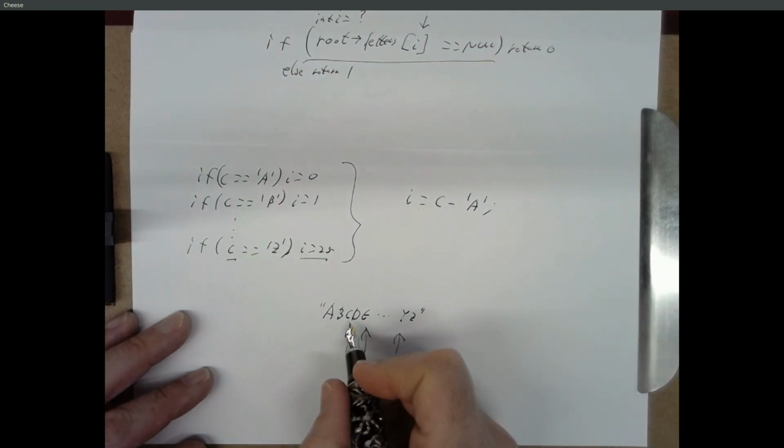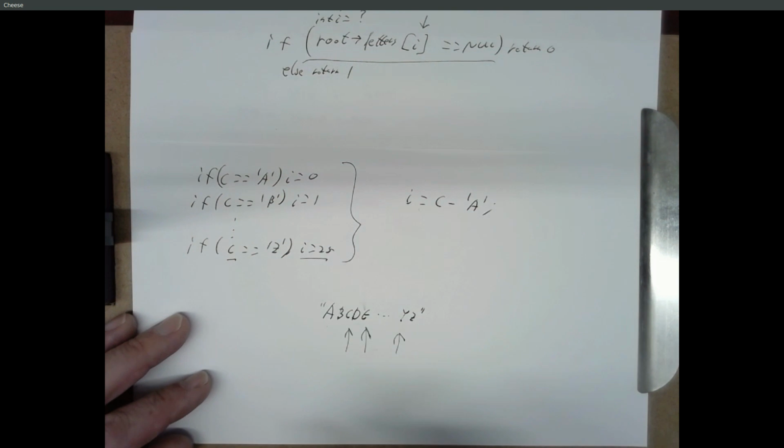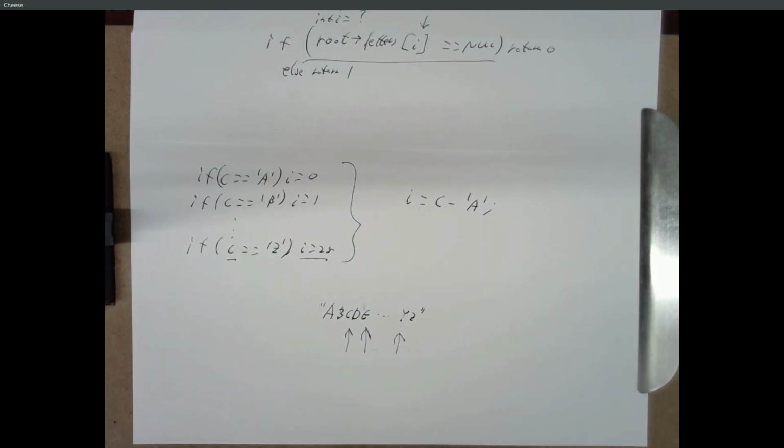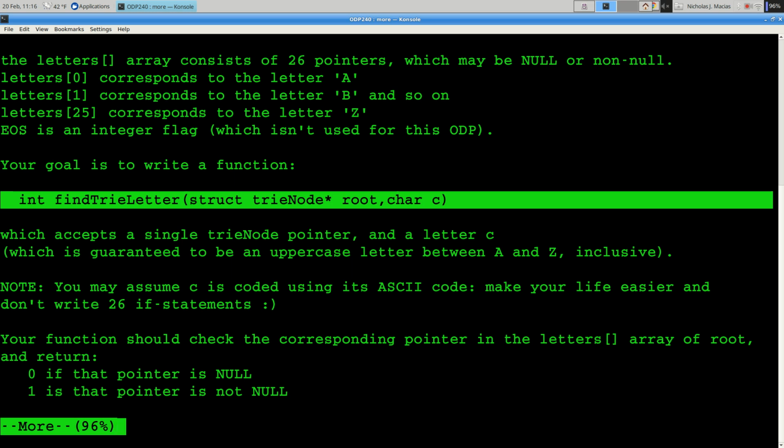And the index of the letter that it matches, that's this index up here. So that's a more general way to do this. But for this, you can just subtract the letter A, or 65. So that's all you need for this ODP. Does that make sense? Okay.